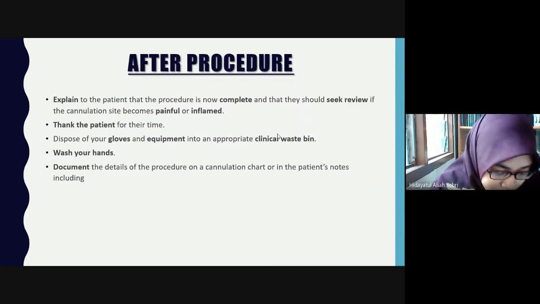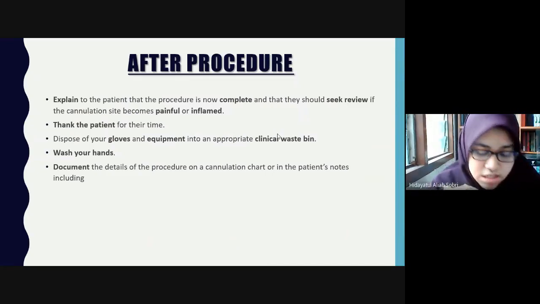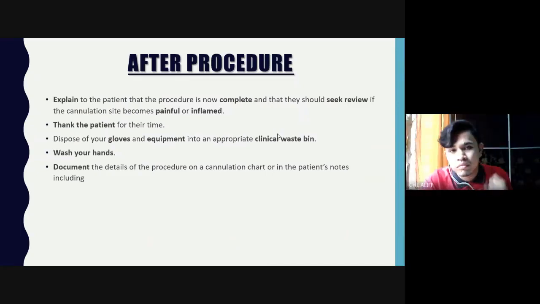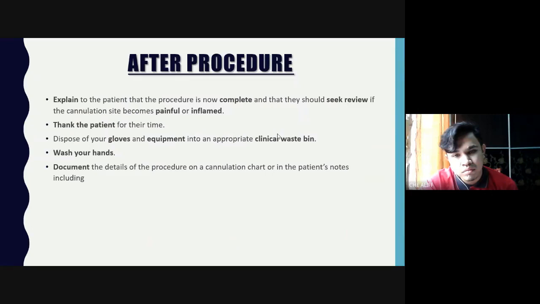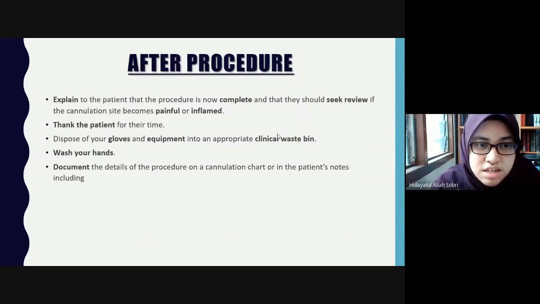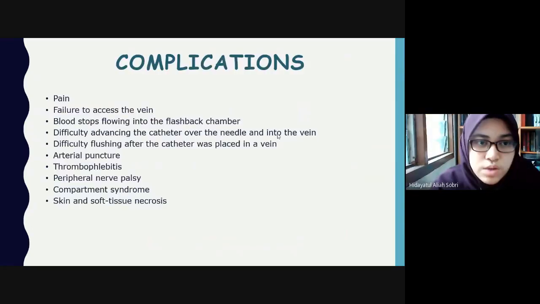And also the time, the vital signs, the name of the patient, the indication used for the cannulation, and also the date that we put the IV cannula. Next slide.